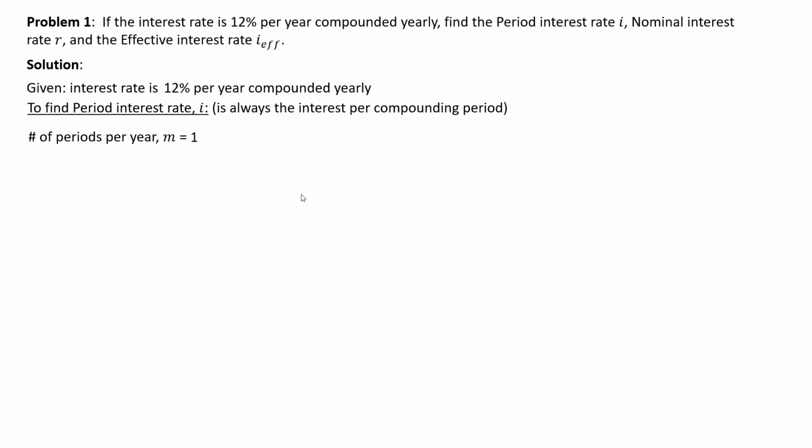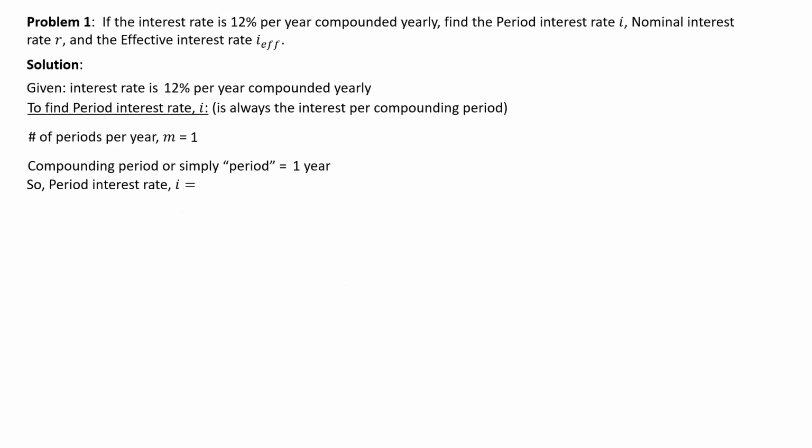So m equals 1 in this case. Compounding period, or simply period, is 1 year. We don't say compounding period, we simply say period, but that refers to the compounding period, which is 1 year.